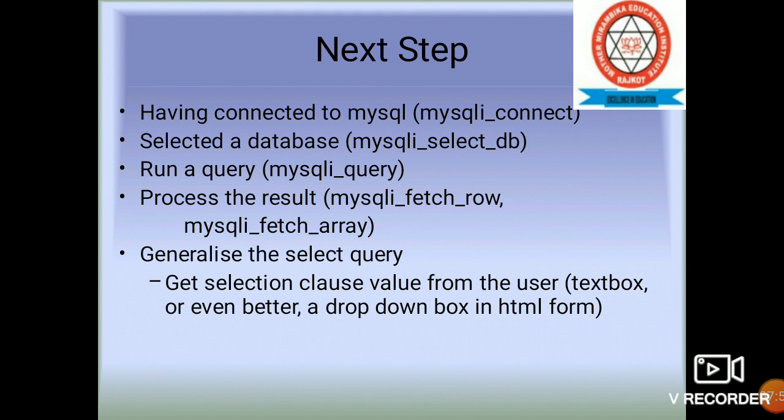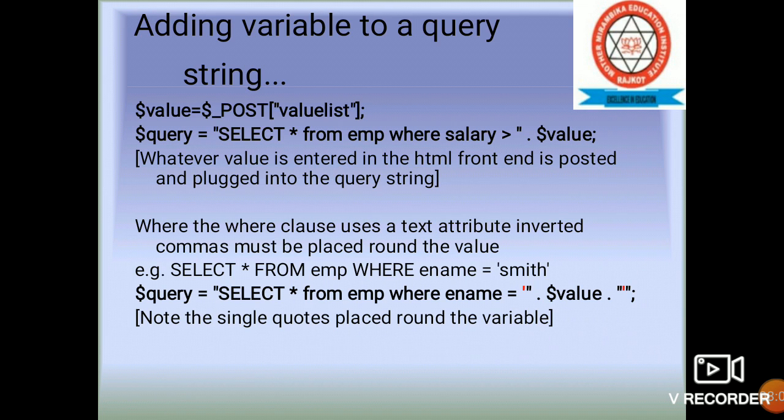But what if the user wants to pass a value to the select query, that is a dynamic query? For example, if the user wants to show all the employees' data, but the name should be provided by the user, then you need to pass the value to a select query. And let's see how it works.